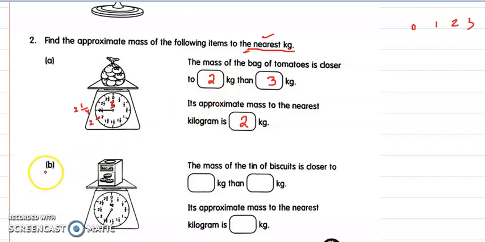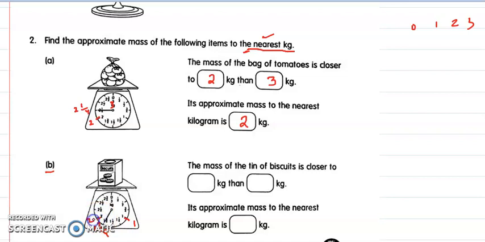Now in the next part, a tin of biscuits is placed on the mass scale, and the pointer of the mass scale is pointing to 1 3/4. It is pointing to 1 3/4.